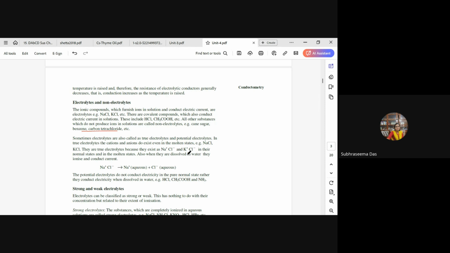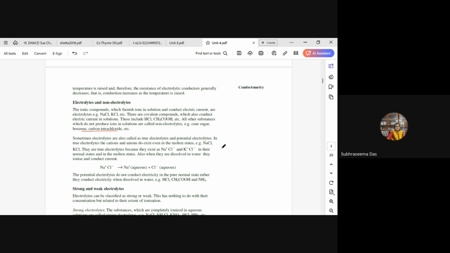So in true electrolytes, the cations and anions exist even in their molten states, such as NaCl, that is in the form of Na+ and Cl-. They are called true electrolytes because they exist as Na+ and Cl- in their molten state and also in their normal state. When NaCl is dissolved in water, it ionizes to Na+ and Cl- and it conducts the current.